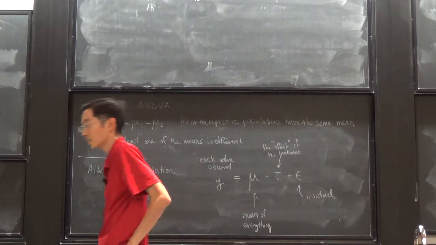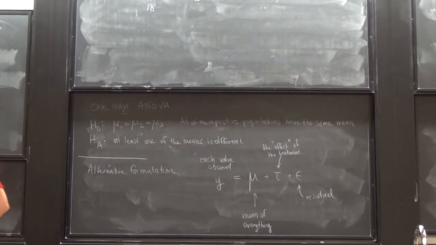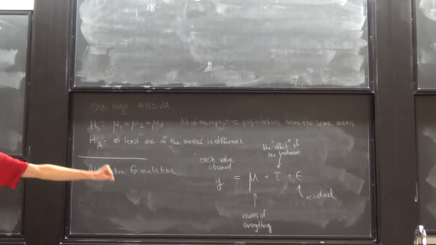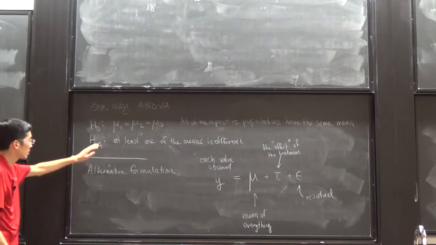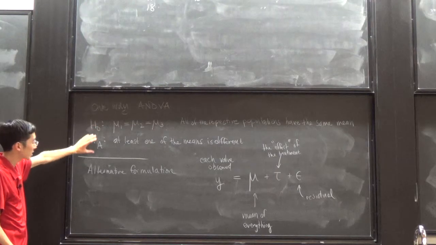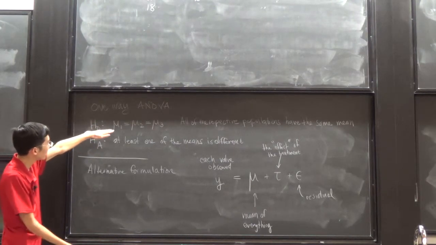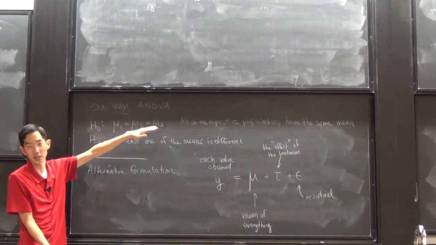So people who are all on the same diet, they're not going to gain the same amount. Each individual's difference is called the residual. Does this alternate formulation kind of make sense? Kind of, maybe? Okay. So with the null hypothesis, with one-way ANOVA, the simple way is just to say that the means are all equal. Okay?